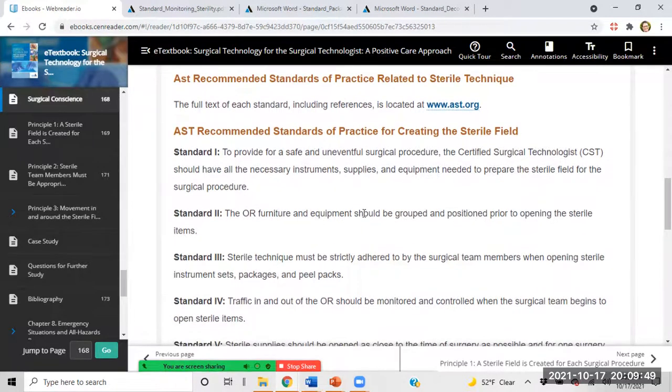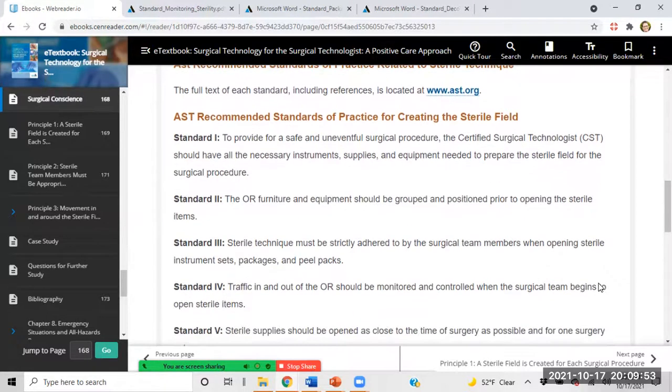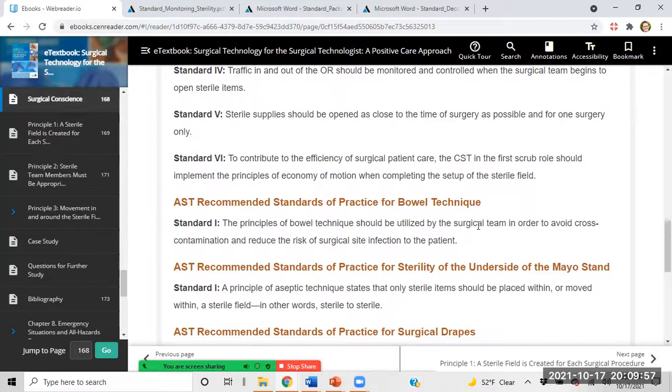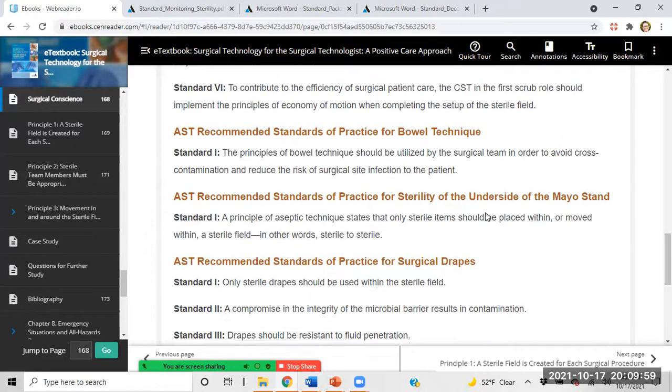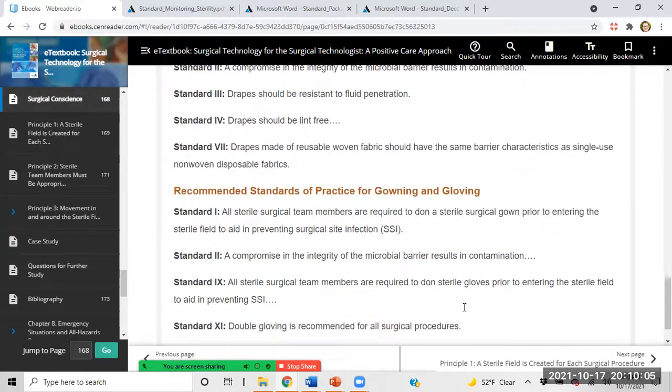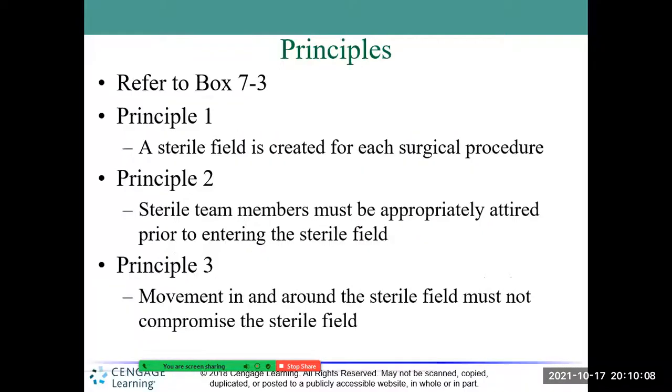So feel free to read through all of these to see how you're going to do that when you're creating a sterile field, practicing for a bow technique, underside of Mayo stand, how you maintain that sterility, surgical drapes, gowning, gloving, and so forth.